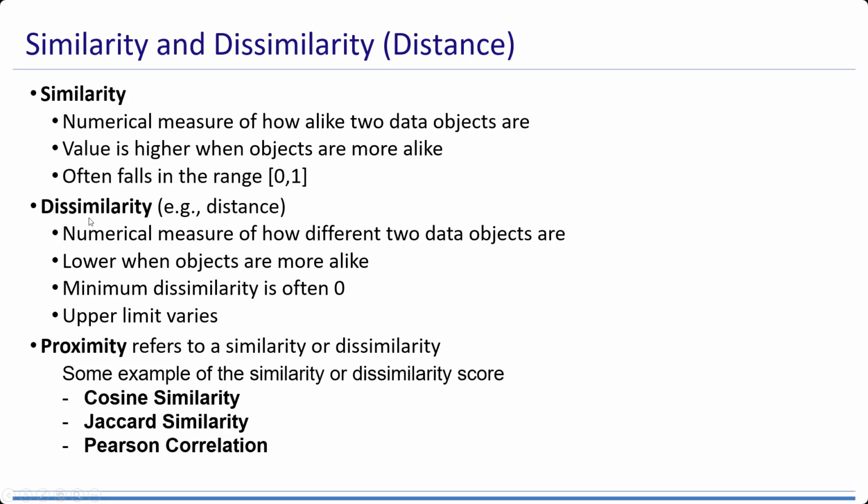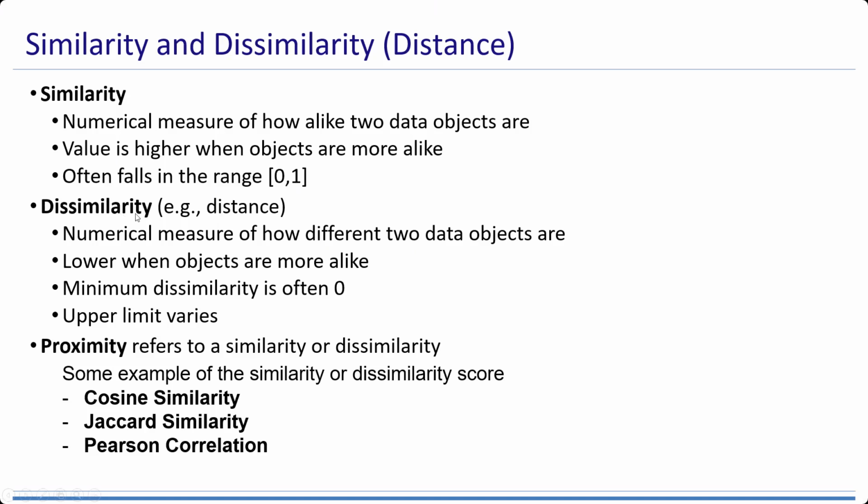The other term is dissimilarity. We sometimes call it distance. It's a numerical measure of how different two data objects are, and it is lower when objects are more alike. So if it is nearby 0, then the distance is small, or the objects are almost similar.